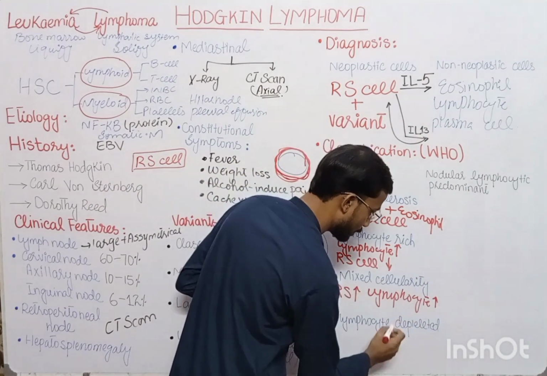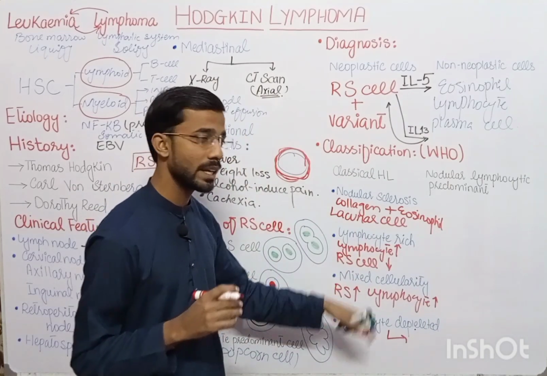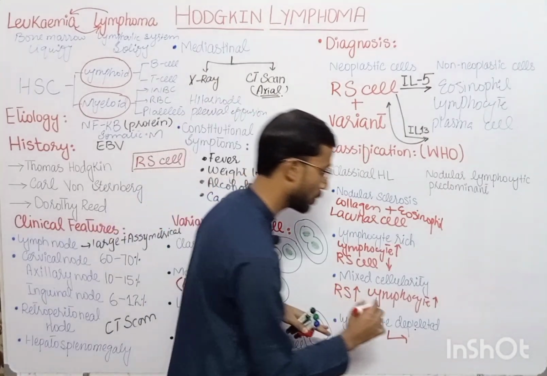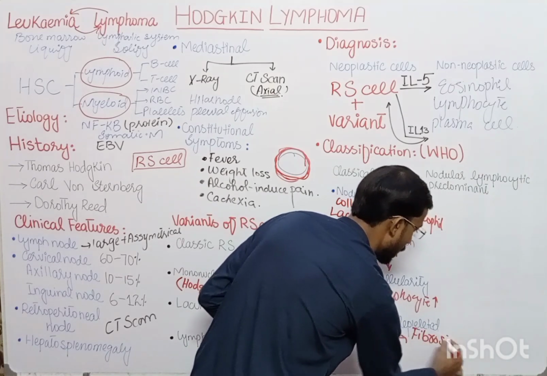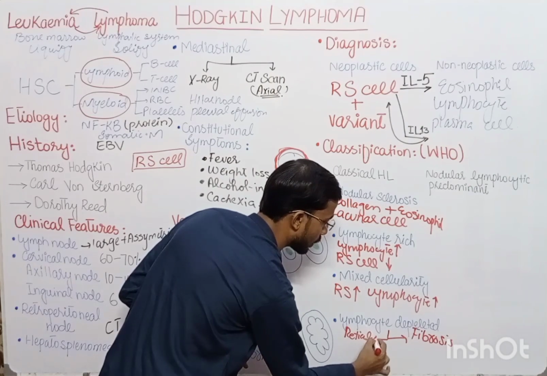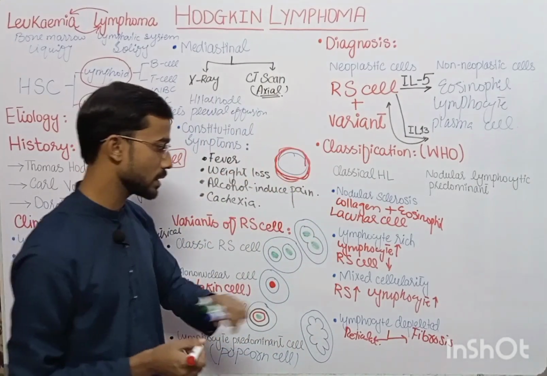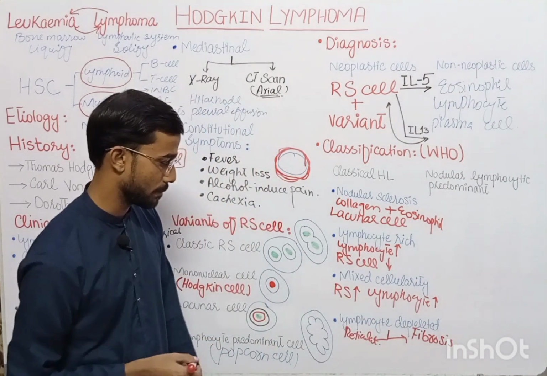Lymphocyte depleted has 2 situations. We will see lymphocyte depleted cases in the microscope in a fibrotic pattern and in a reticular pattern.